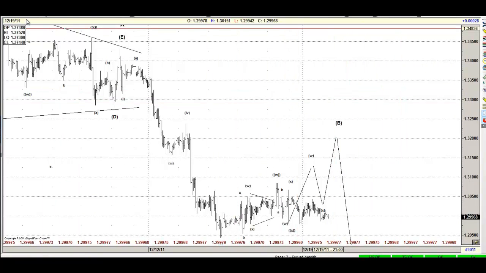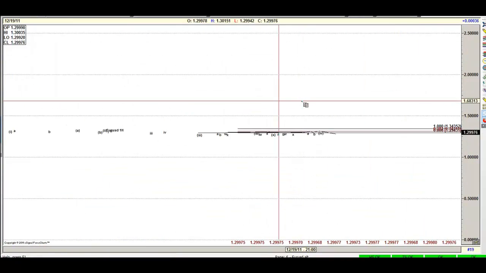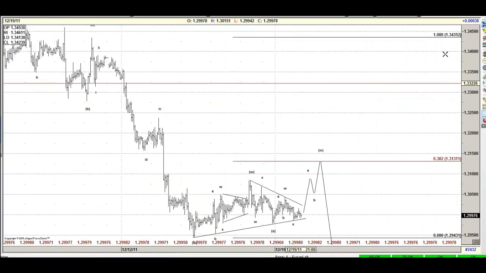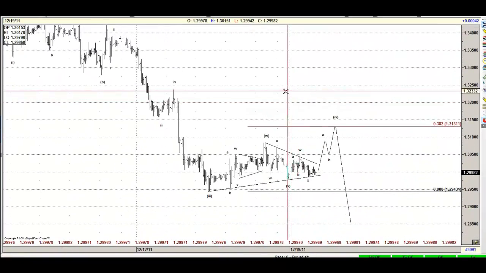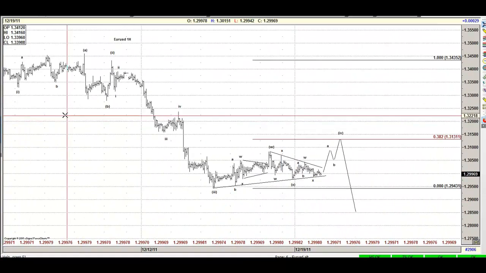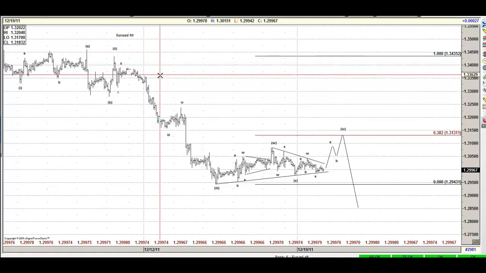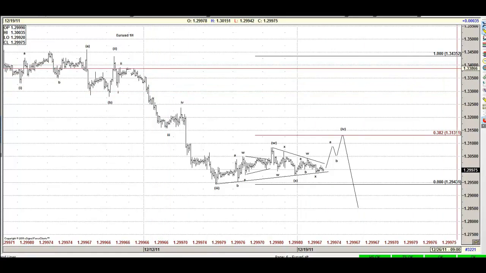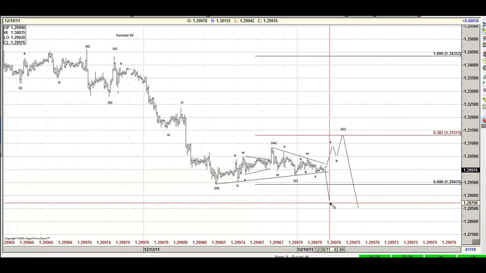Okay, the euro dollar right here. On the euro dollar, now knowing the scenario on the dollar is very similar, and now knowing the S&P, we can draw the conclusion that maybe it is a triangle, and then it's going to thrust lower.